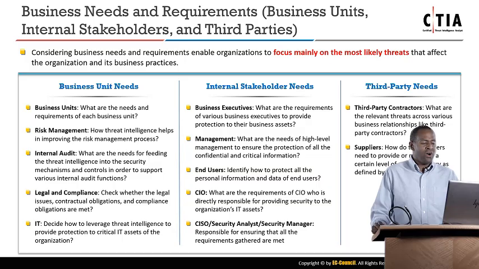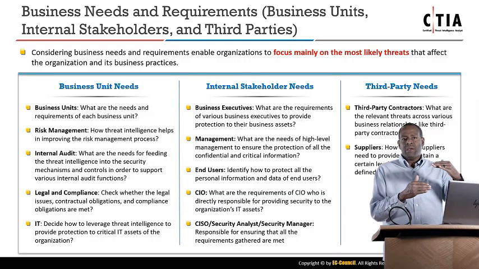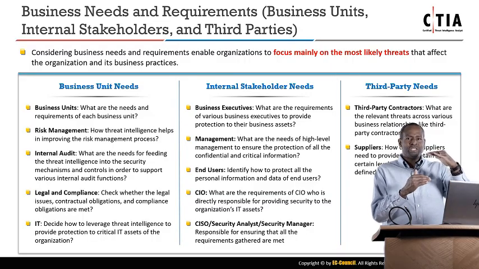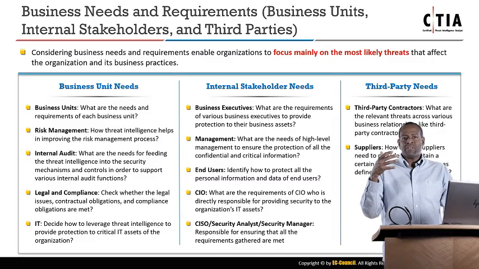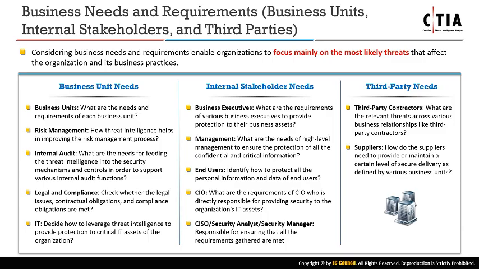Also, risk management, how threat intelligence helps to improve the risk management process. And so what we do is we take our threat intelligence and we can line that up with the highest risk items in terms of our organization itself, and then see if there are threats to those highest risk items.